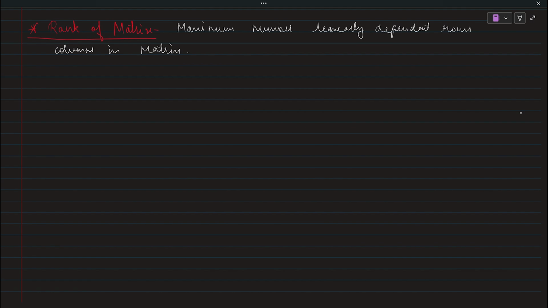It tells us how much unique information the matrix holds. In simple words, we can say it is the number of non-zero rows of a matrix in row echelon form.